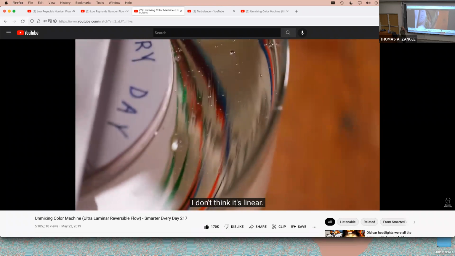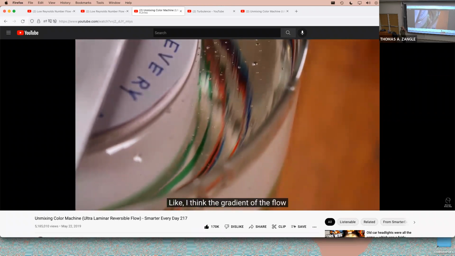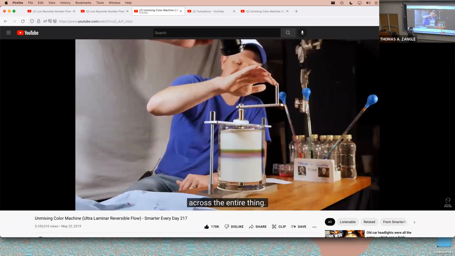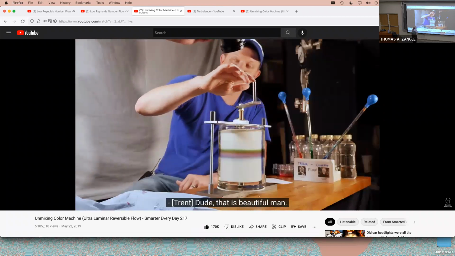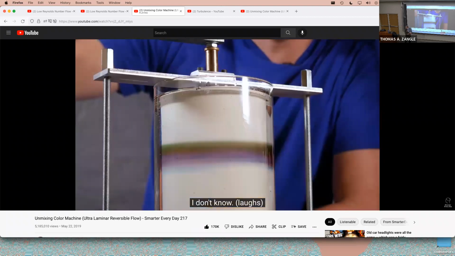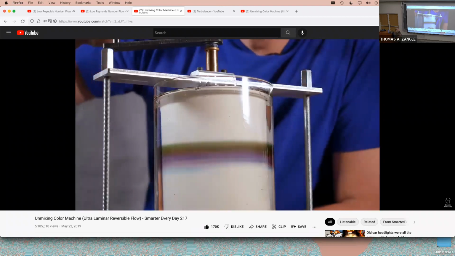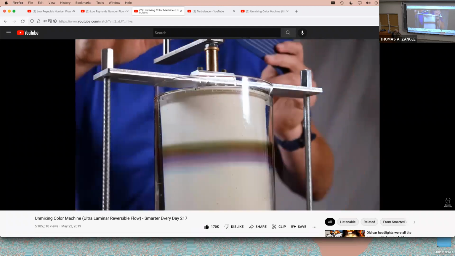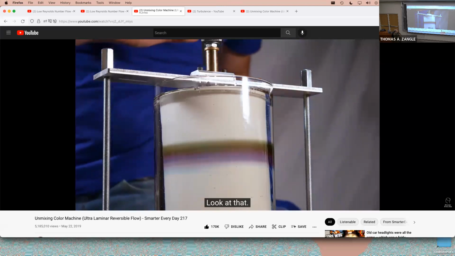I don't think it's linear. But I think the gradient of the flow across the entire thing. Is it 6? It's 6, I don't know. Got so excited. Oh, dude. Look at that.